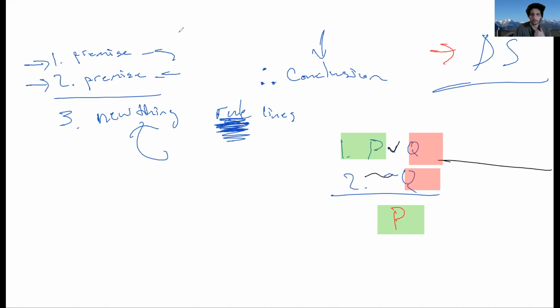For example, if Q was actually a negative Q, then this wouldn't be a match for DS, and we would have to do a little more. We'd have to do a double negation on Q.